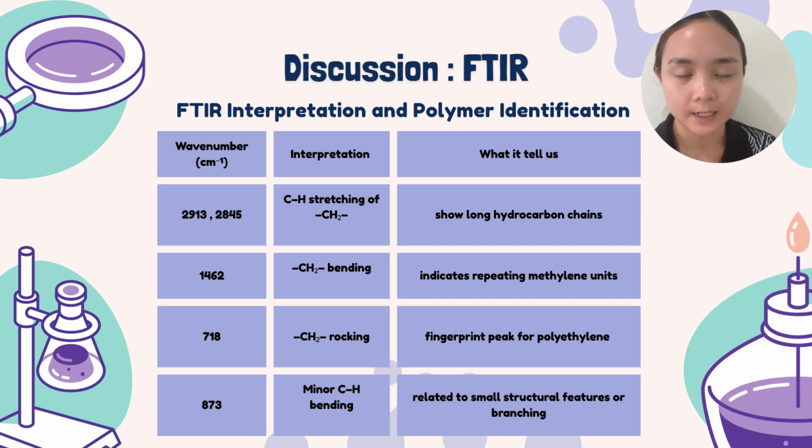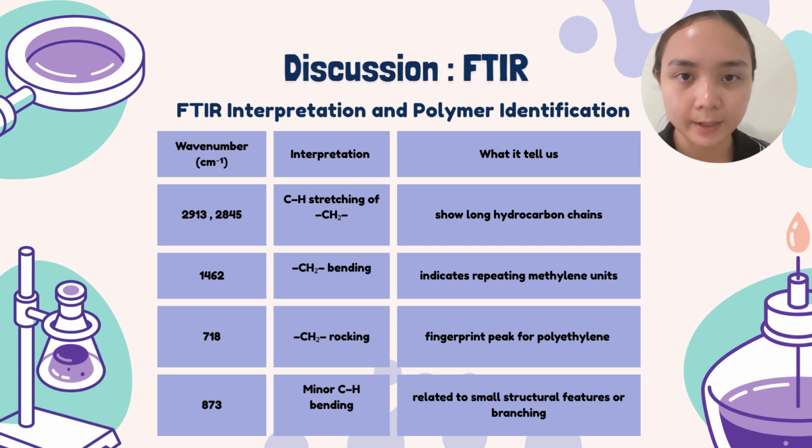The peak at 1462 per centimeter is related to the bending vibration of CH2 groups, further confirming the presence of repeating methylene units. In the fingerprint region, a strong peak is observed at 718 per centimeter. This peak represents the rocking vibration of repeating CH2 units and is considered a fingerprint peak for polyethylene.